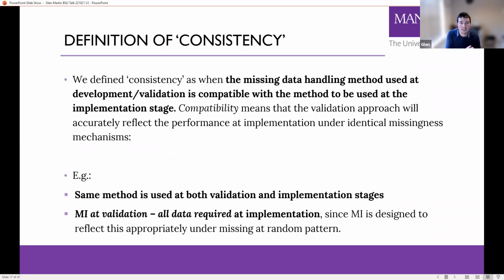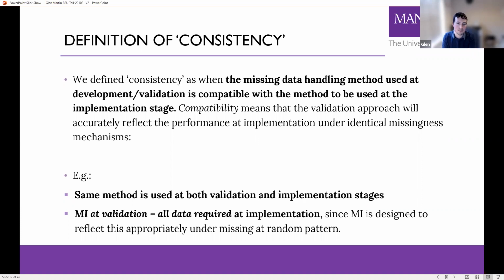By compatibility, I mean that the validation approach accurately reflects the performance at implementation. One way of thinking about this is in the context of estimands: the estimand that you're targeting at the validation stage matches that at implementation, in the context of predictive performance.